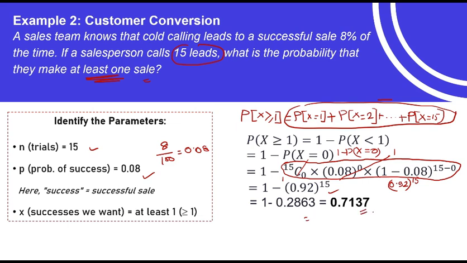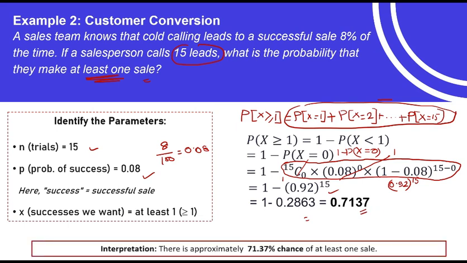When you take this to the power 15, you get the value. So the probability is 0.7137. That means when you make cold calls, expecting that not much success you will get, even then there is a 71% chance that at least one person will respond to you. So if you make 15 calls, at least one person, 1, 2, 3, any number, that chance is quite large. So there is meaning to cold calling.